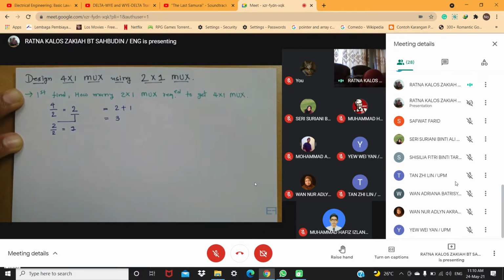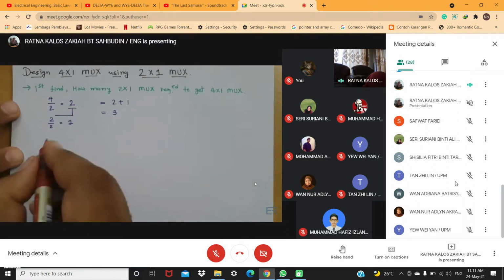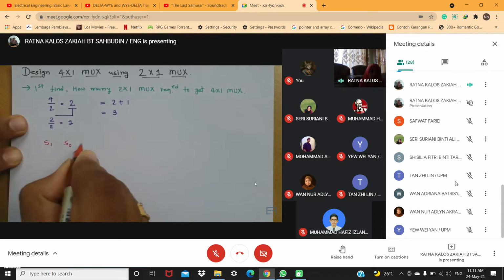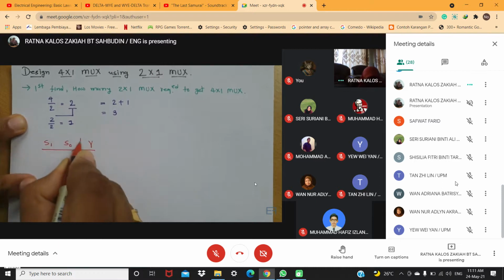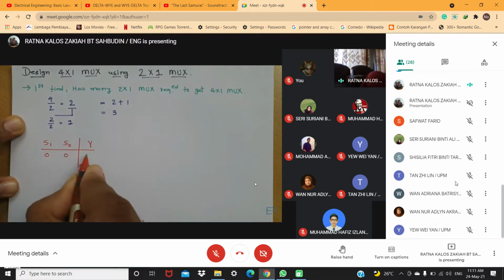Now let me explain the basic truth table of the 4x1 multiplexer. There are two selection lines, S0, S1, and we have Y. If S1 S0 is 0 0, the first input I0 will get selected.